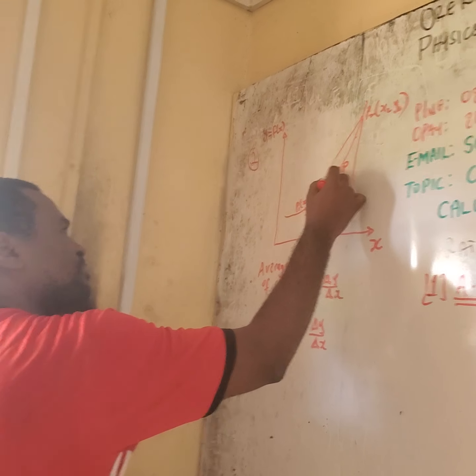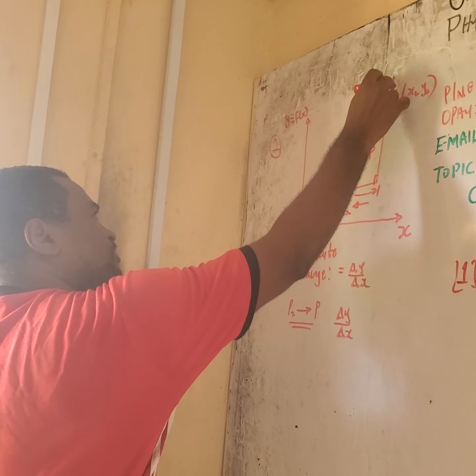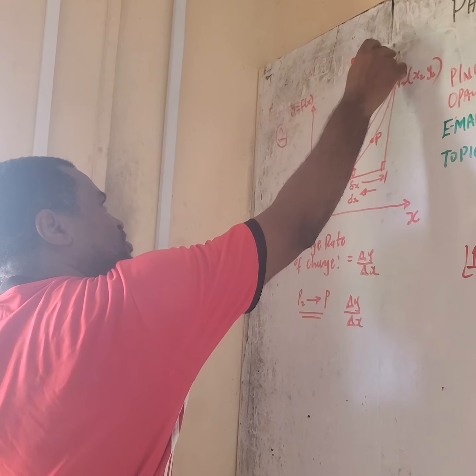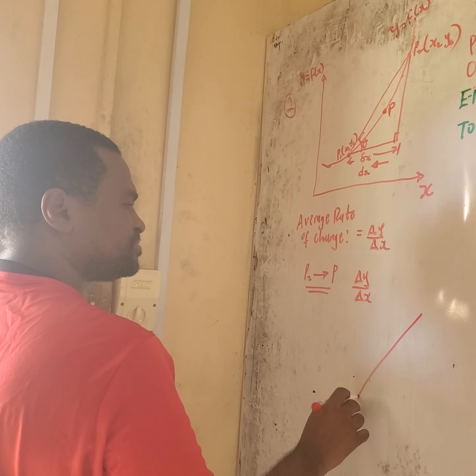So at this particular point, which is tangential to the original curve of y is equal to f of x, what I'm trying to say is this.